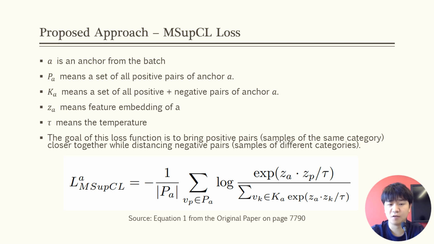The goal of this loss function is to bring the positive pairs closer while distancing the negative pairs. The author notes that this loss function modifies the supervised contrastive loss function to be applied to a multiple dataset setup.